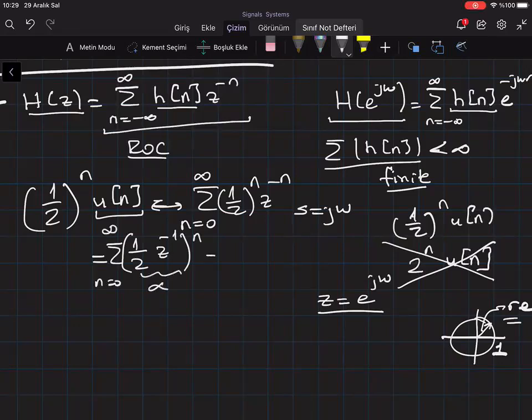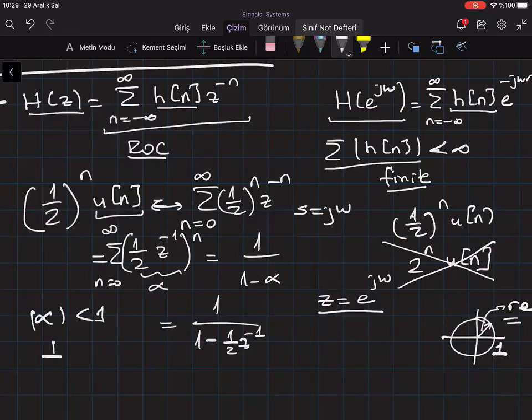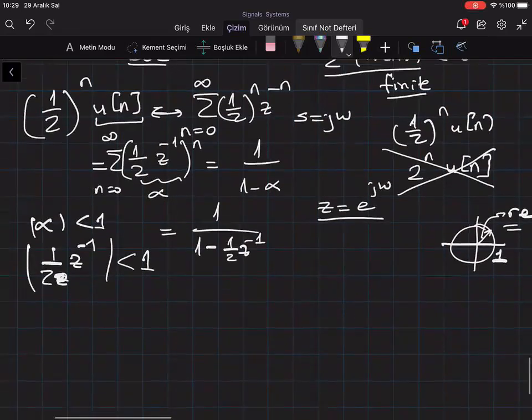This was alpha, and the sum is 1 divided by 1 minus 1/2 z to the power minus 1, and alpha was less than 1, so 1/2 z to the power minus 1 is less than 1. This is something that we have done last week. I don't want to go into detail.